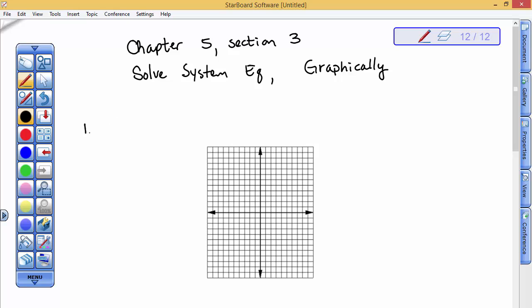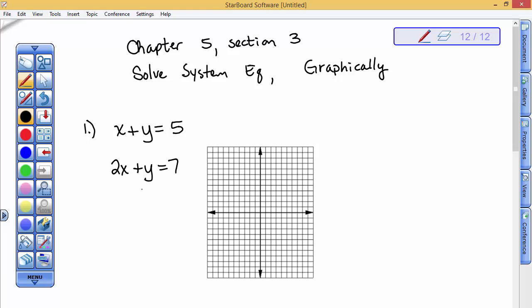So the first problem that I'd like to graph by solving a system of equations graphically is question number 1, which reads x plus y equals 5 and 2x plus y equals 7.